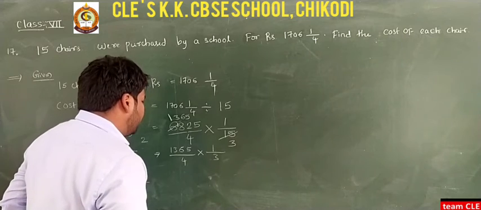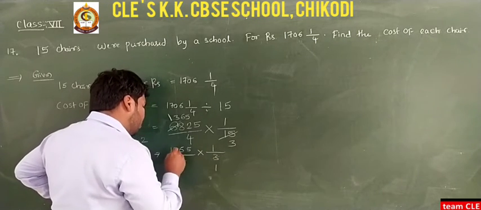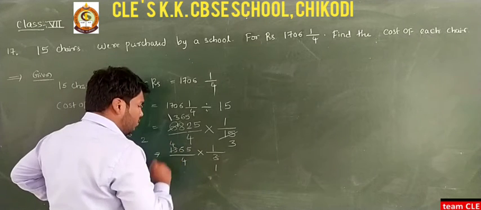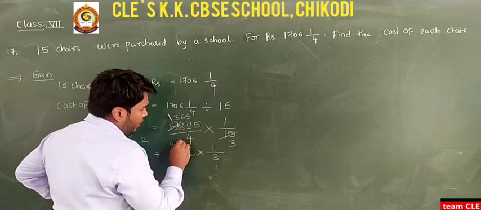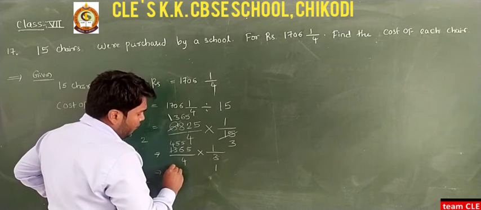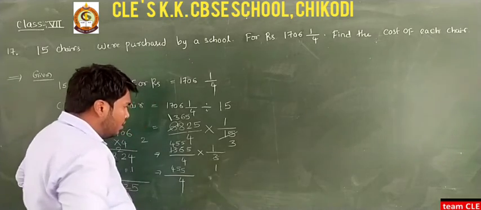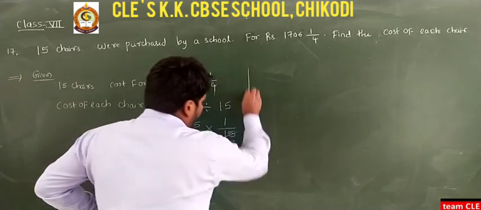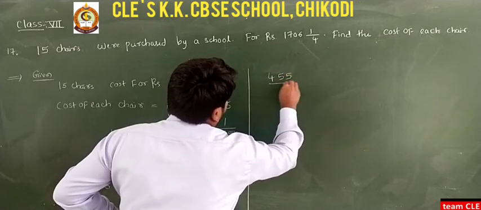Again, is it divisible by 3? Just check it. 3 ones are 3, 3 fours are 12, 1 remains, 3 fives are 15. So you are left with 455 by 4. The improper fraction remaining is 455 by 4.